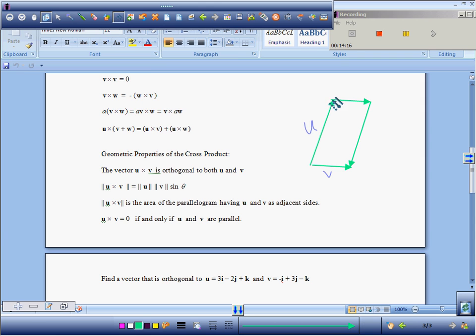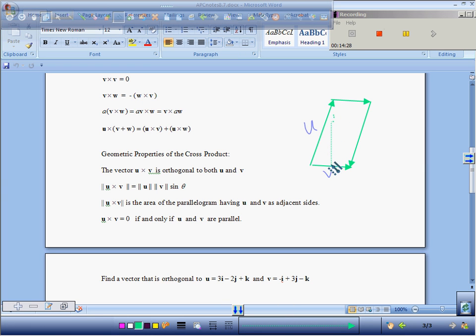What you're really doing is finding the height of this parallelogram, and then multiplying that height times the base, and you would get the area of that parallelogram. So if you take the magnitude of U cross V, you have the area of a parallelogram with those two vectors as sides.